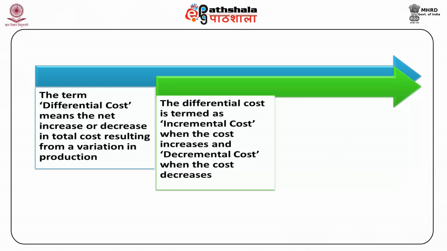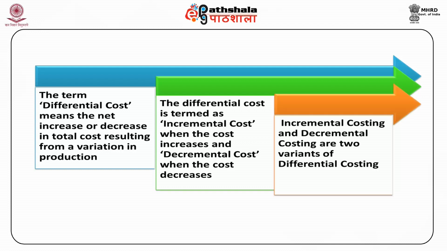The differential cost is termed as incremental cost when the cost increases and decremental cost when the cost decreases. Thus, incremental costing and decremental costing are two variants of differential costing, which are different from marginal costing and direct costing.